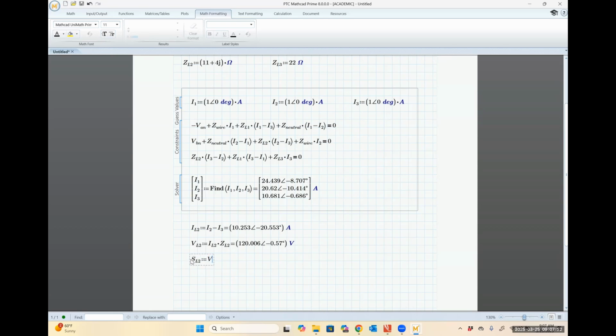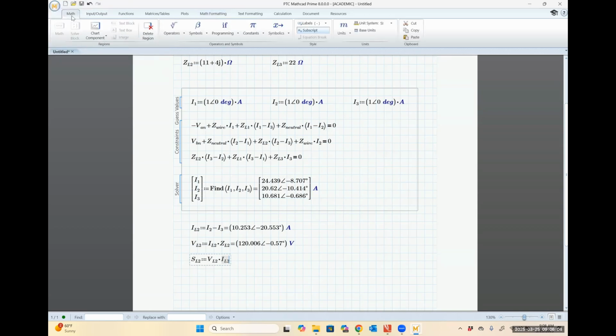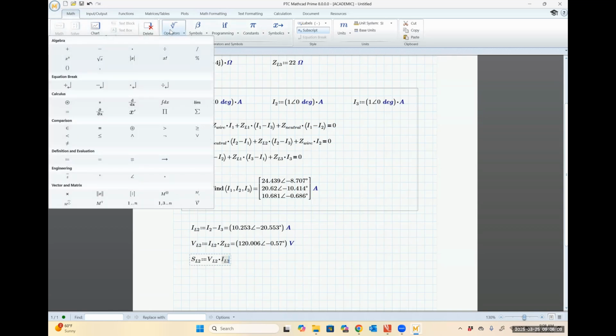SL2 is going to be VL2 times IL2, and I need to make IL2 conjugate. So if I go back to the math tab and I go to operators, I think this is where it is. Yeah, the first option under engineering is the complex conjugate.